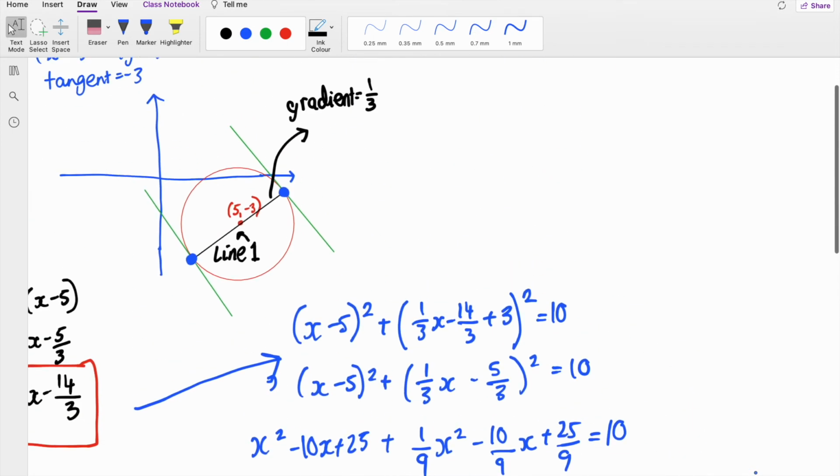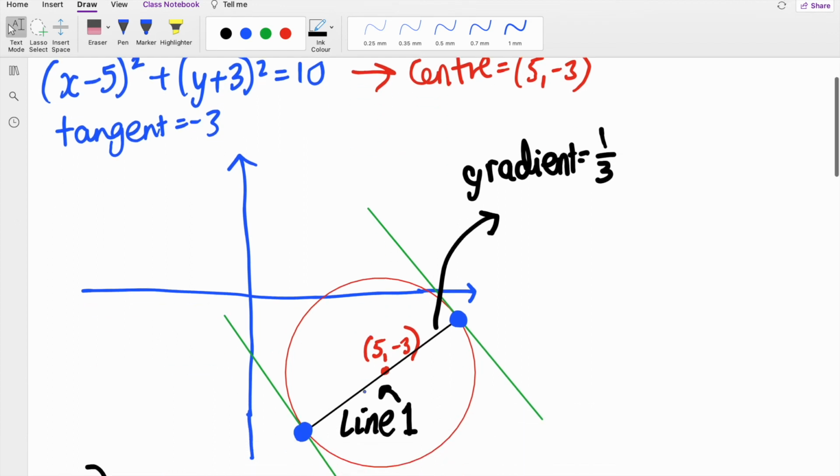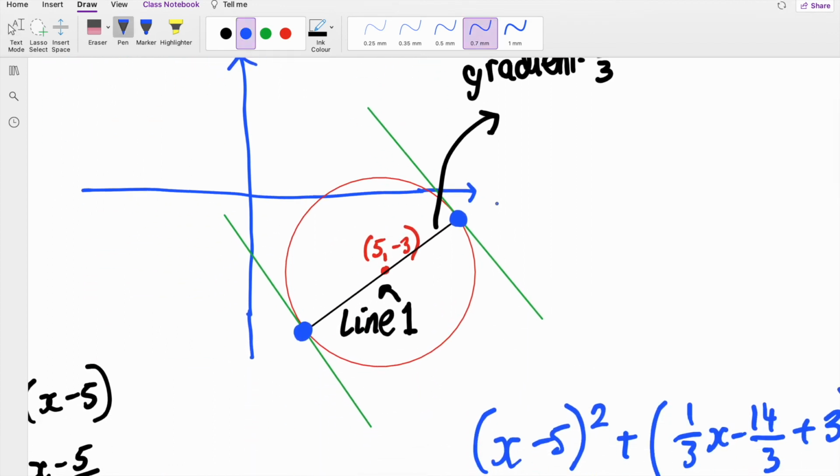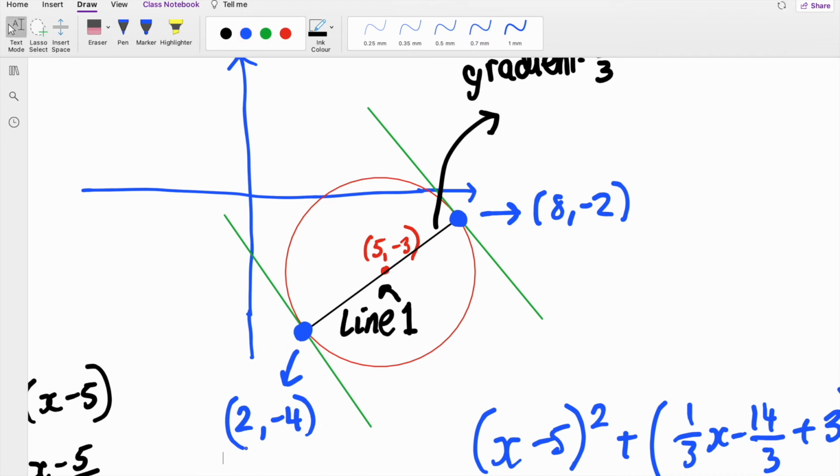So I'm going to label those here. So that must be my (8, −2), and this point here is (2, −4). Okay, I'm very, very close to finding the equation of these two green lines. Now I have a gradient of them both, and I know the point that they each go through.